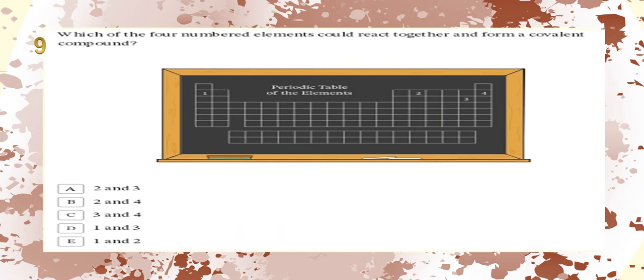Question number 9 says, which of the 4 numbered elements could react together and form a covalent compound? Okay, if we look at the periodic table of elements, we have here elements 1, 2, 3 and 4. On the left side we have the metals.